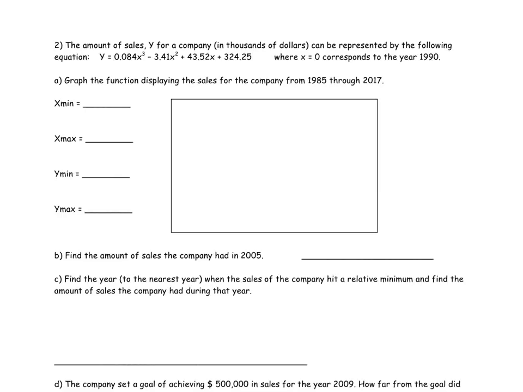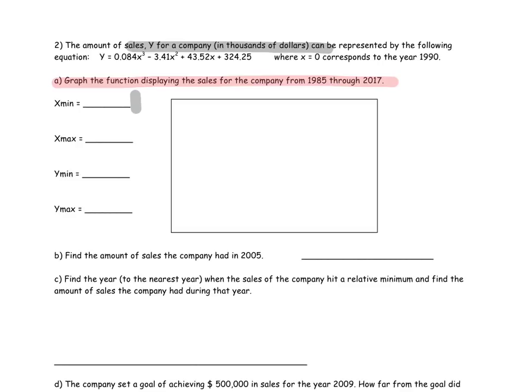Problem 2 gives the amount of sales for a company in thousands of dollars by this equation, and you're being asked to graph the following from 1985 to 2017.